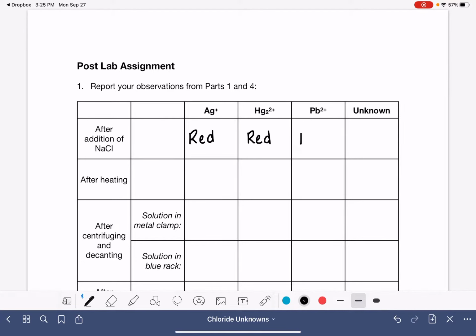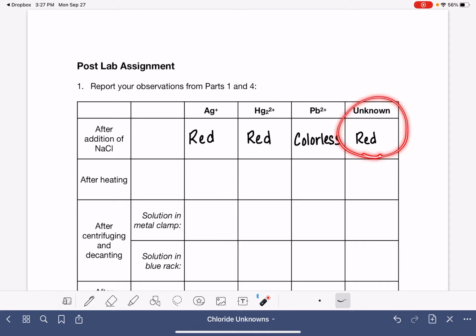Now you cannot make that determination, because a colorless solution mixed with a red solution is going to appear red. So if your unknown is red, you don't know anything about whether or not it might contain the lead 2+ ion, because if it did, that colorless solution would be completely invisible amid the red stuff.